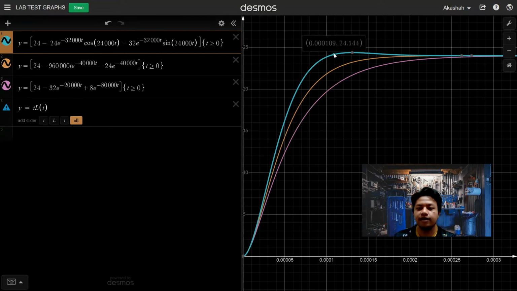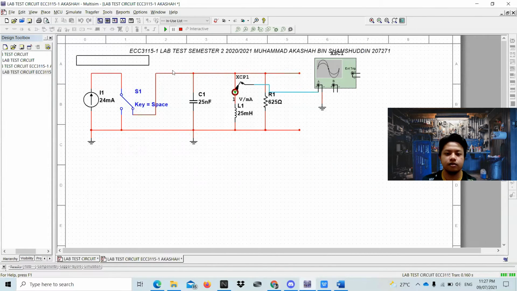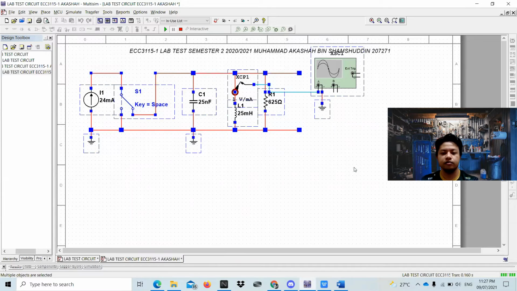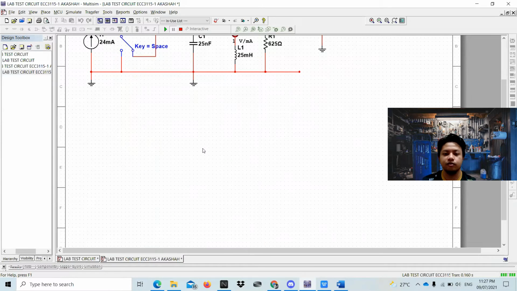The reason why it exceeded the maximum current is because the underdamped response will overshoot the graph, and at the end it will converge to 24 milliampere later. Now I'm going to duplicate this circuit twice so that we can see the differences between the other 2 resistor readings. So I'm going to paste this.